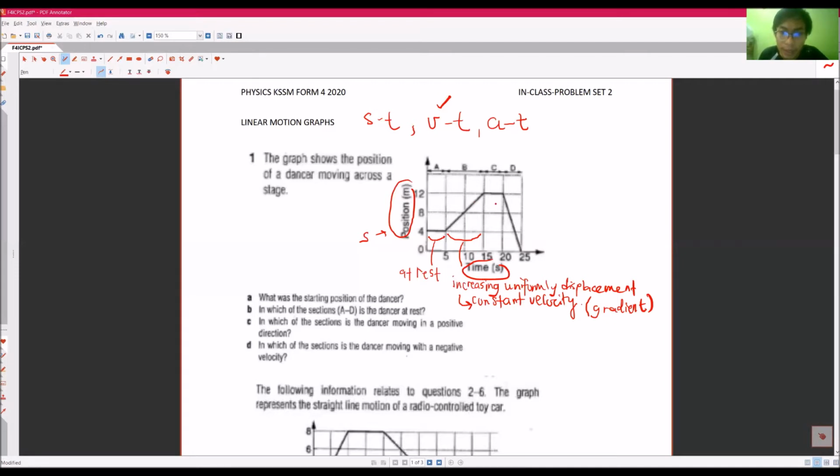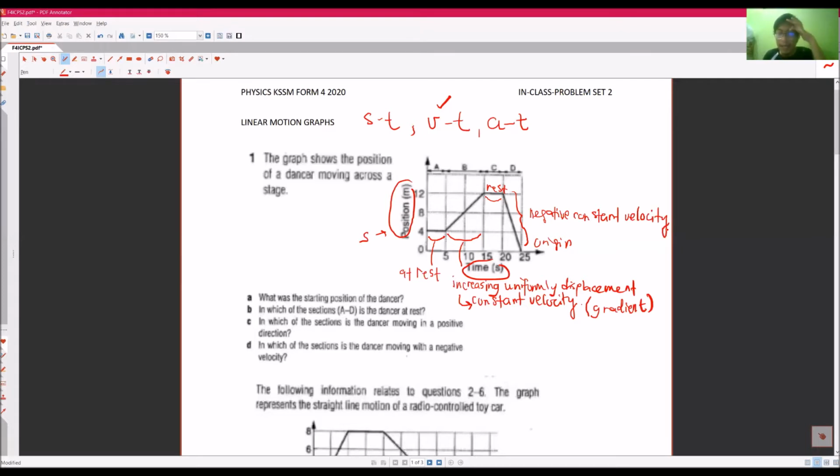Okay, we move on to the next 5 seconds, 15 to 20. The dancer doesn't change her position again, so it's at rest. And finally, in the last 5 seconds, the dancer moves towards the origin. So we have a negative gradient, thus a negative constant velocity.